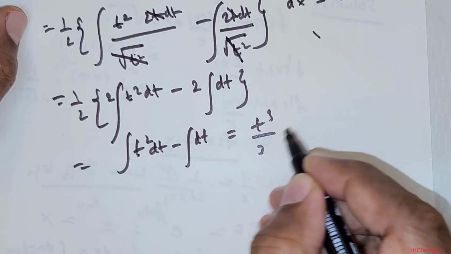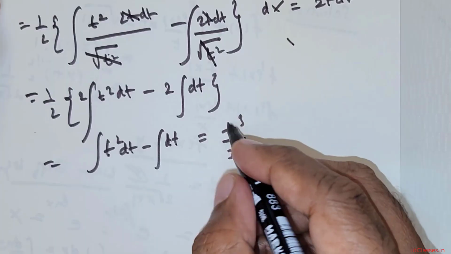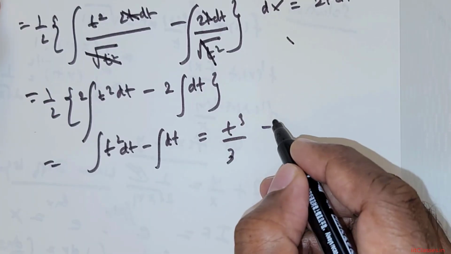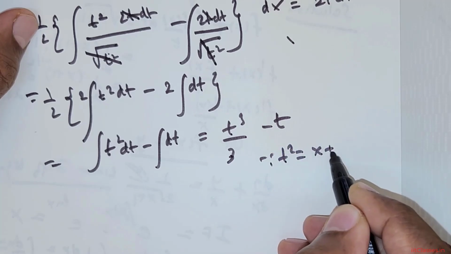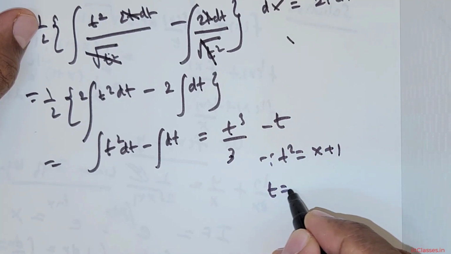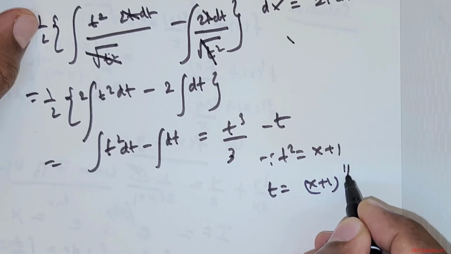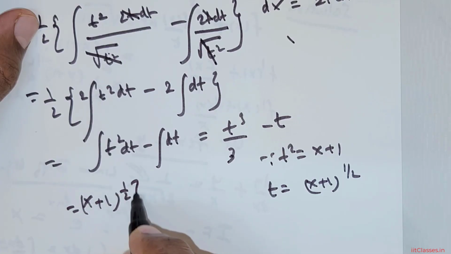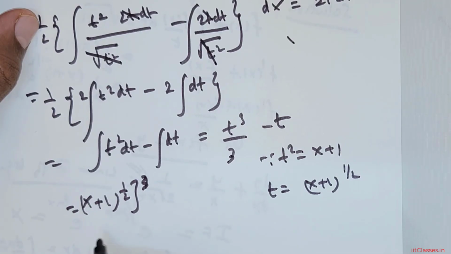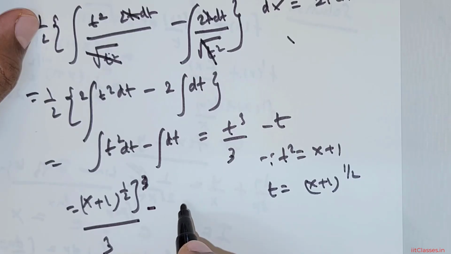Integrate this, you get t cubed divided by 3. Integrate this, you get t. But what is t? t squared is x+1, so t is equal to (x+1) raised to the power of 1/2. So you substitute that: (x+1) raised to the power of 1/2, cubed, divided by 3, minus (x+1) raised to the power of 1/2.